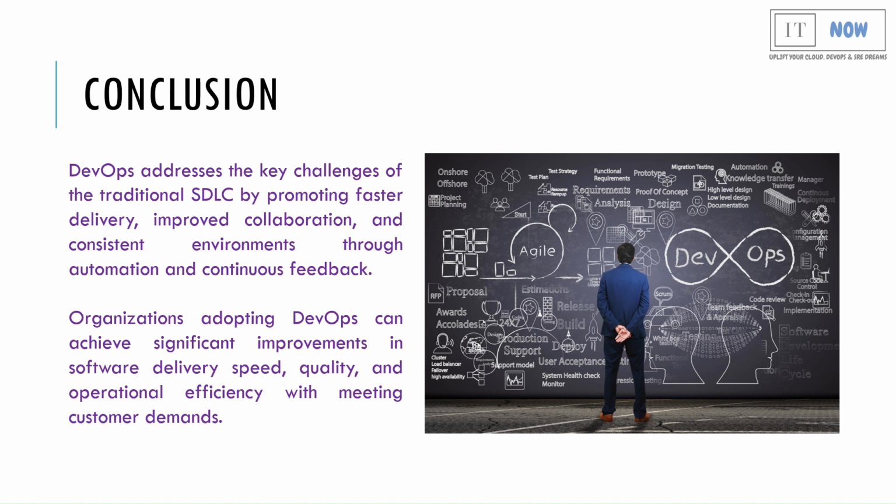By fostering a culture of collaboration and leveraging automation, DevOps enables teams to respond quickly to changing requirements, reduce errors, and enhance overall productivity. As a result, companies can better meet customer demands, stay competitive in the market, and ensure the reliability and scalability of their software products.